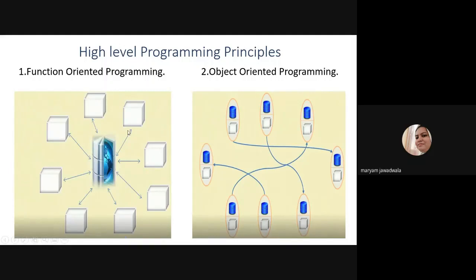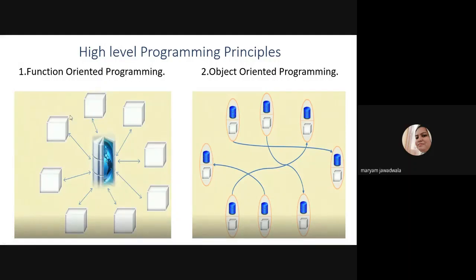Function oriented programming means what? To perform any task, we write different functions, right? And in this you have global data, and global data is shared by all the functions. So all the functions use the global data to perform some particular task.